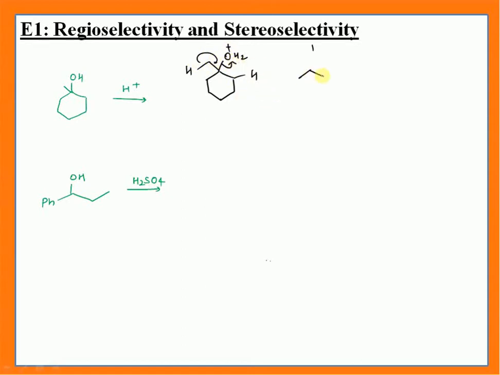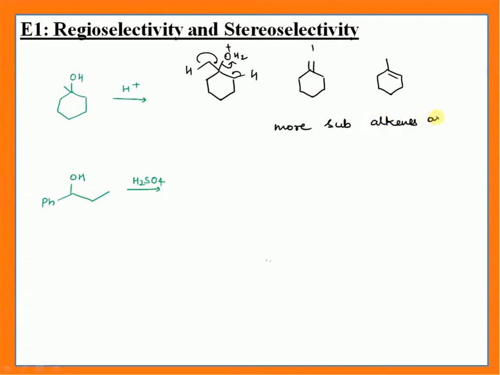When we remove from this position, we get a double bond like this, or when we remove from this position, we get a double bond at this position. This will be your product. So always remember, whenever you have a more substituted double bond, in this case the double bond is more substituted, this will be more stable. So always form more substituted double bonds, or you can say alkenes.